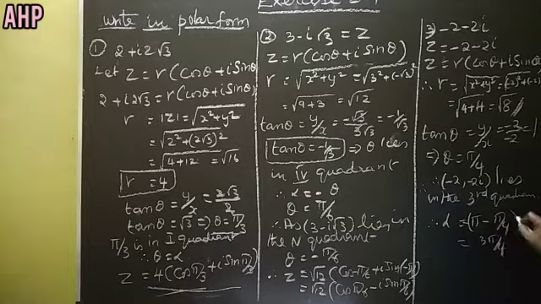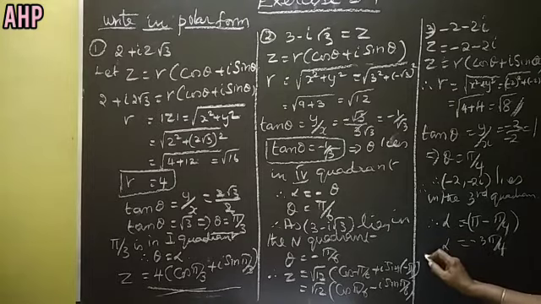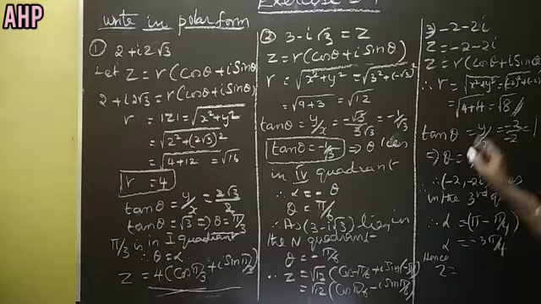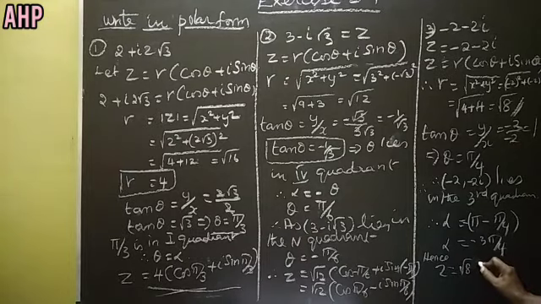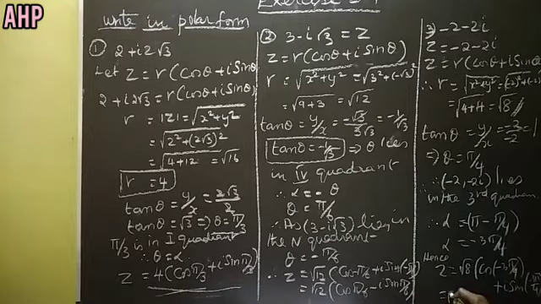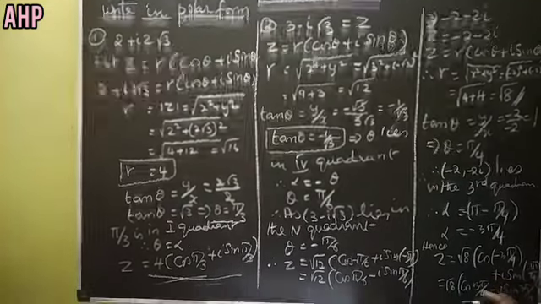This is minus of pi minus pi by 4. Therefore, it is minus 3 pi by 4. Hence, your z is equal to, R value is equal to root 8 into cos minus 3 pi by 4 plus i sin minus 3 pi by 4. This is equal to root 8 into cos 3 pi by 4 minus i sin 3 pi by 4.